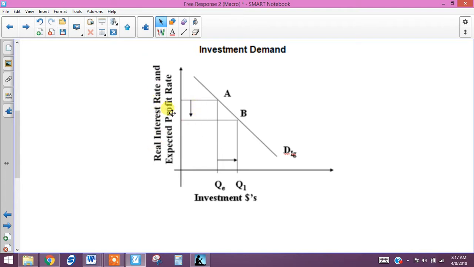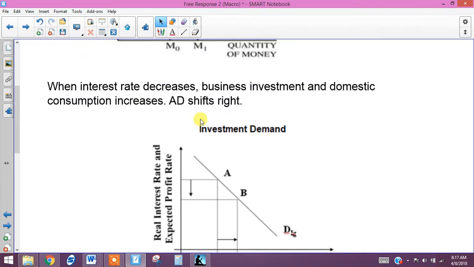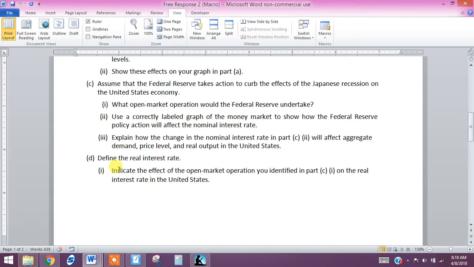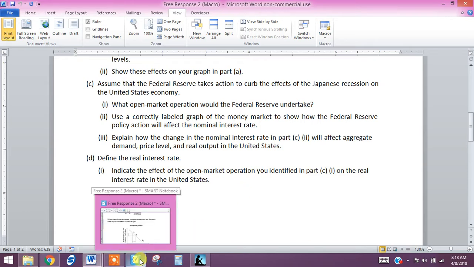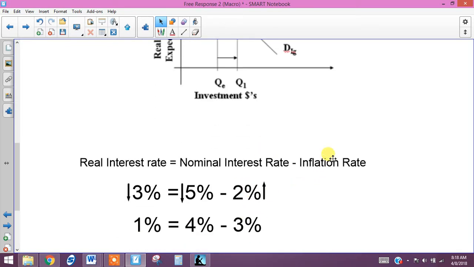We know from the problem that nominal interest rates are going to be dropping, so we're not confused on that. Don't get too wrapped around the difference between nominal and real, because that's just factoring in whatever inflation is.